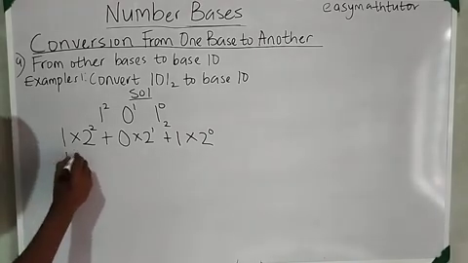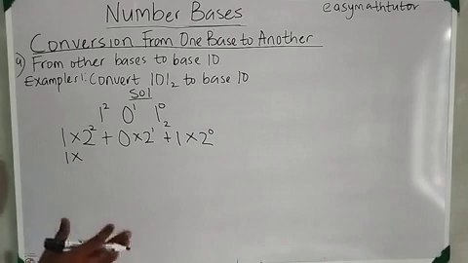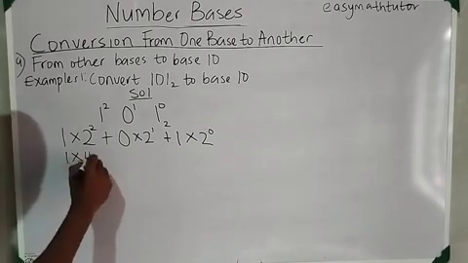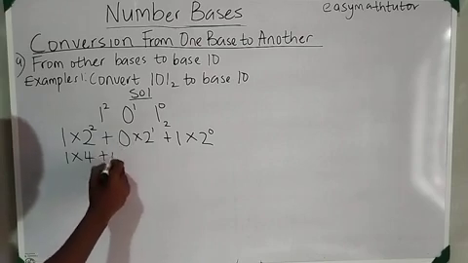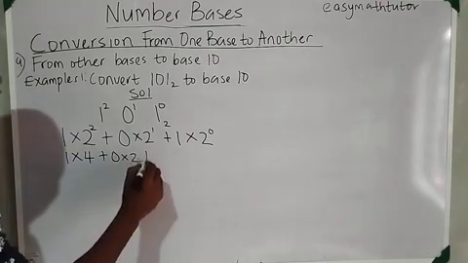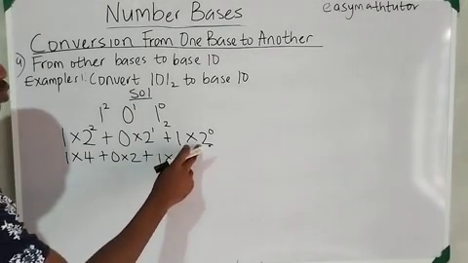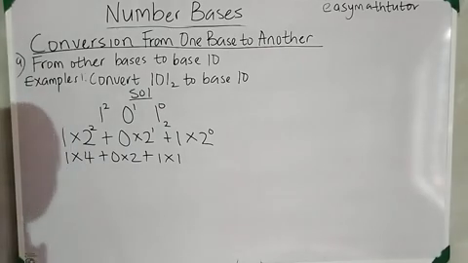This becomes 1 times 2 raised to the power 2, which is the same thing as 2 times 2, which is 4. Plus 0 times 2 raised to the power 1, which is 0 times 2. And then plus 1 times 2 raised to the power 0 is 1, because anything raised to the power 0 is 1.